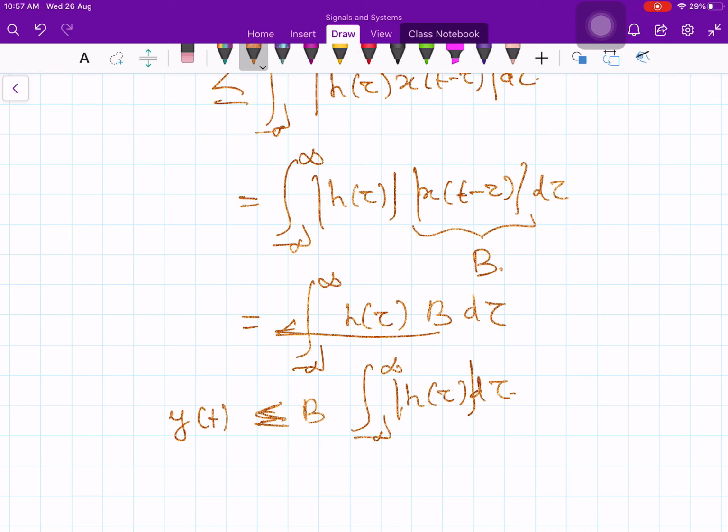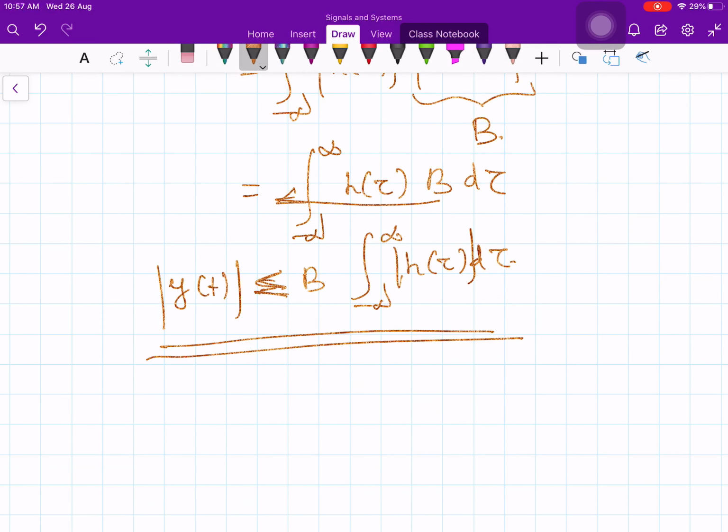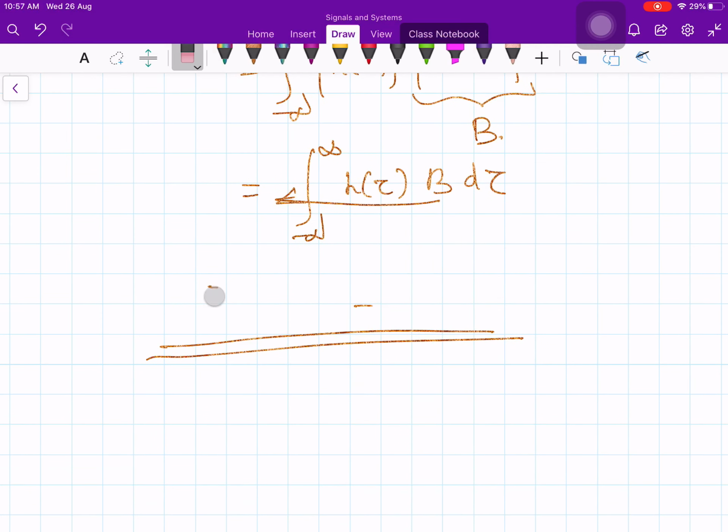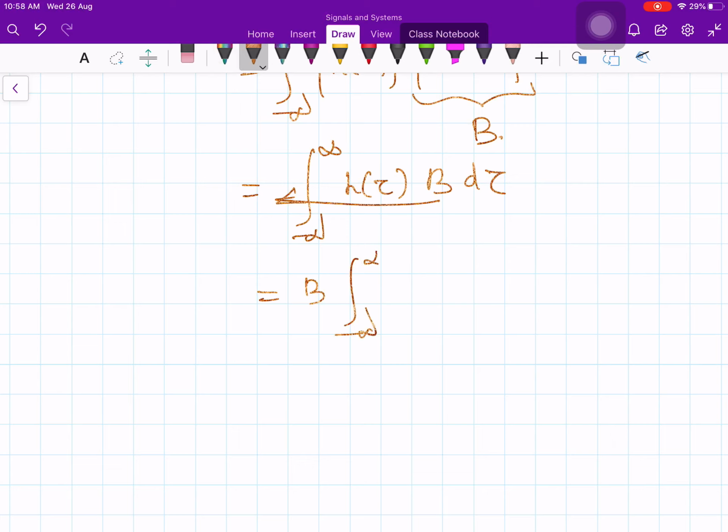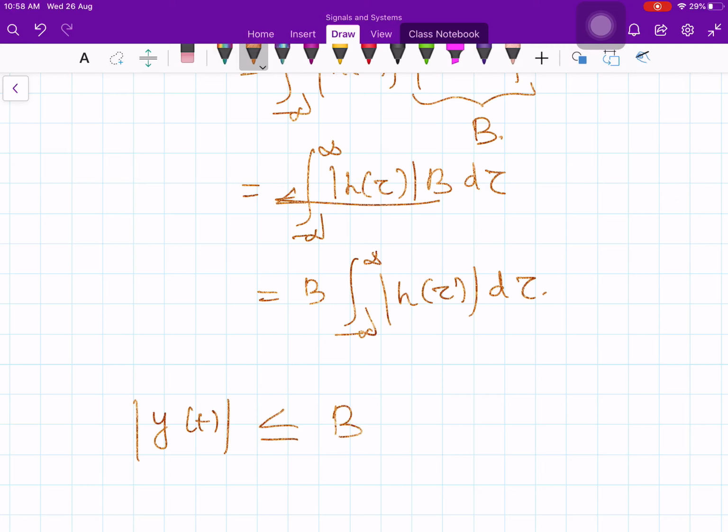Now if this has to be satisfied, let me write one more step so that you don't get confused. B times the integral from minus infinity to plus infinity of the magnitude of h of tau d tau. Therefore, the magnitude of y of t is less than or equal to B times the integral from minus infinity to plus infinity of the magnitude of h of tau d tau.